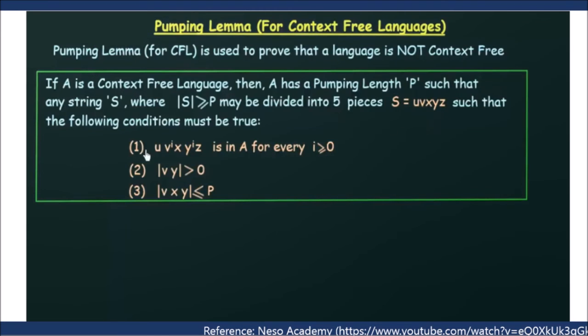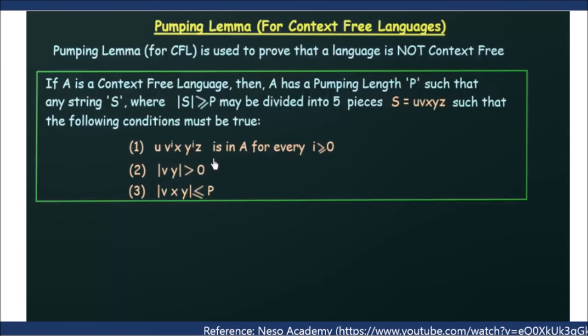And after dividing that, you have to show that u v^i x y^i z also belongs to the same language for every i greater than or equal to 0. So this condition must hold if the language is context-free. And also condition 2 and 3 must hold. So we will focus on condition number 1.